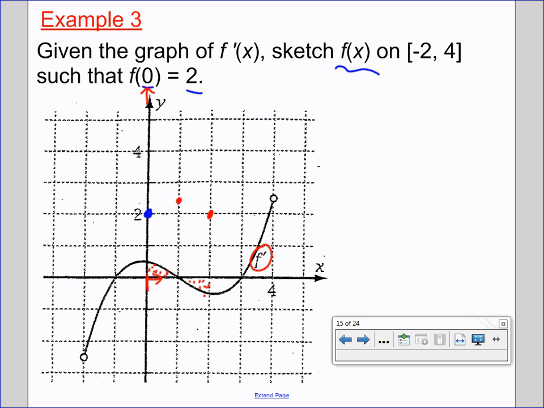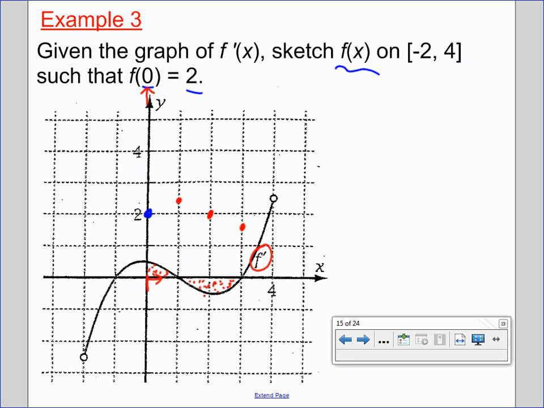As I continue scanning from x equals 2 to x equals 3, it looks like I lose a little bit more than 1/3 of a unit. Yes? And now, as f prime switches from negative to positive, that indicates the presence of a local minimum on f. How come? Because f must change from decreasing to increasing when f prime switches from negative to positive.